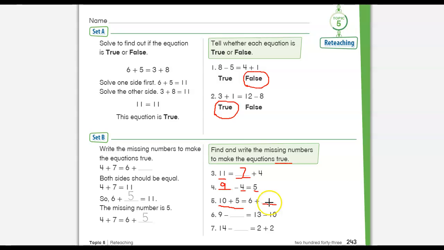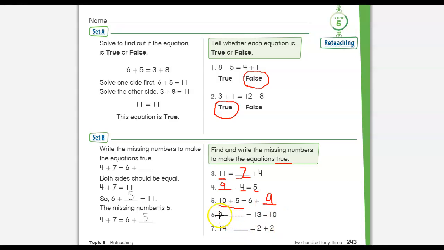So the number we put in the blank here has to equal 15. So 6 plus 9, we have another 9, is 15. We want each side of the equal sign, either side of it, to be the same number so that it is a true equation.